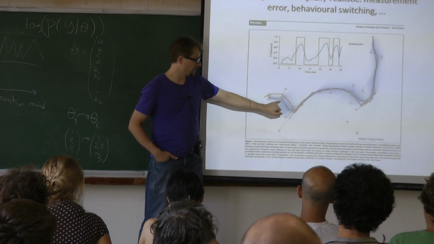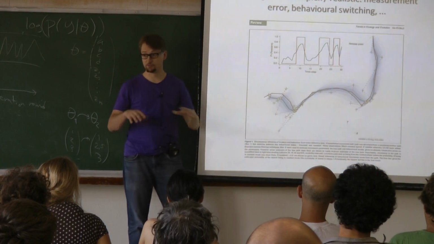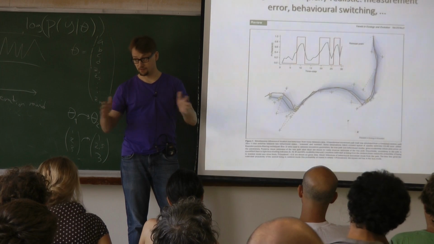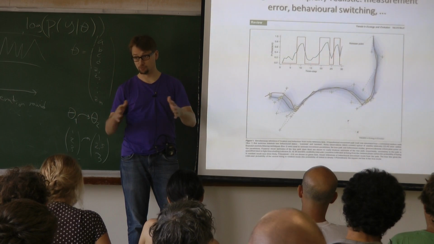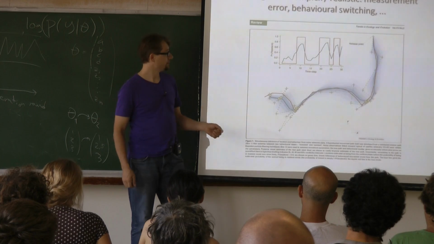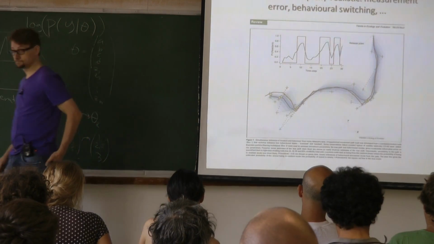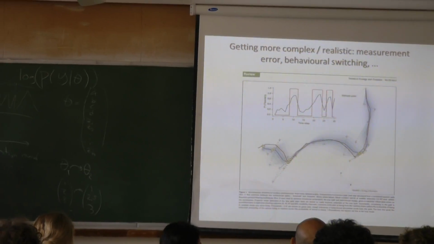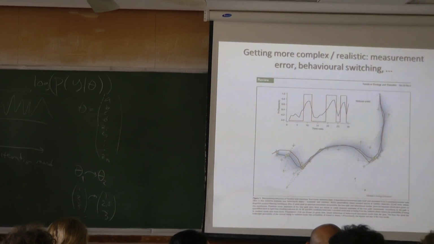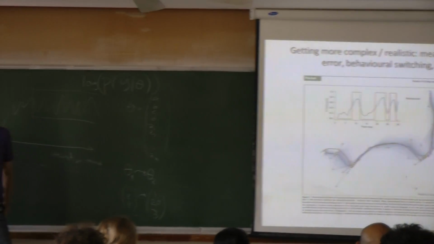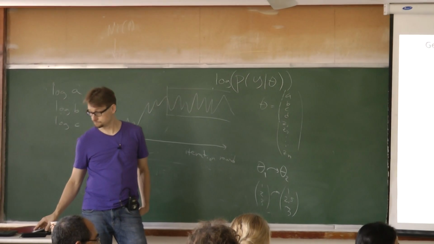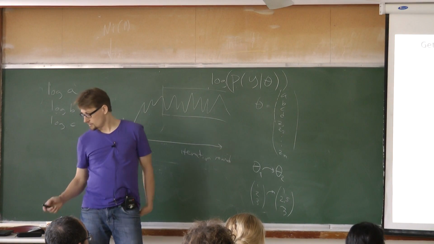So the most dense blue, which is this line, is the posterior mean. And then the contour lines show the distribution around that. Okay. So that shows your best guess of the true location of the animal plus the confidence around it. Okay.